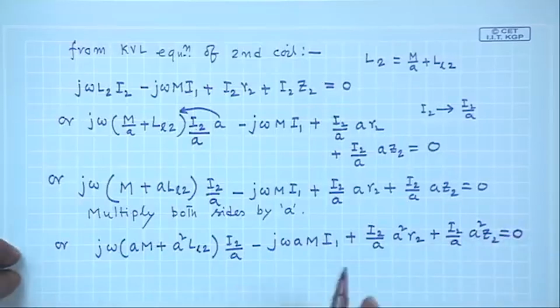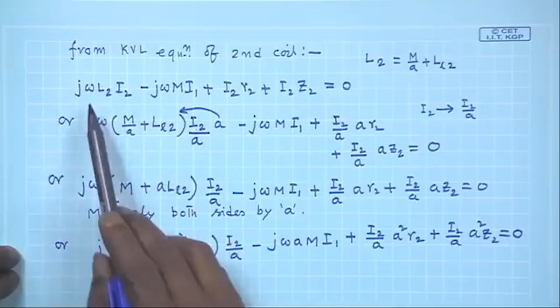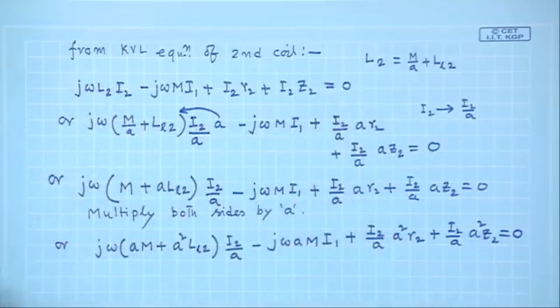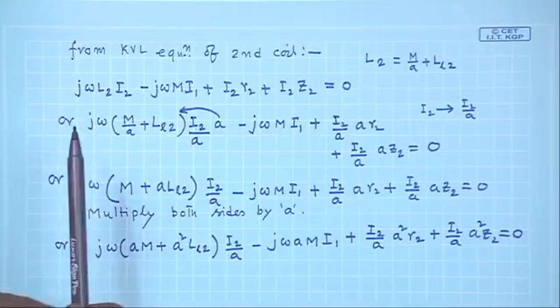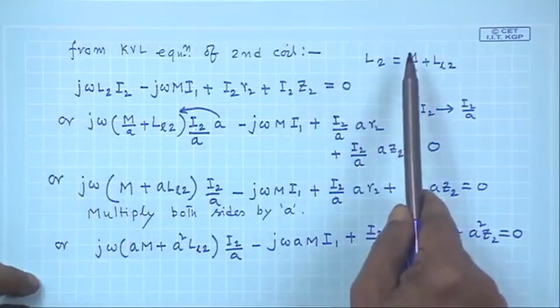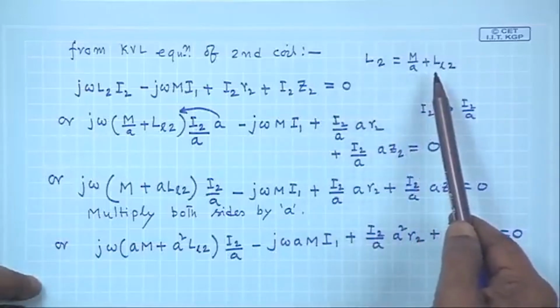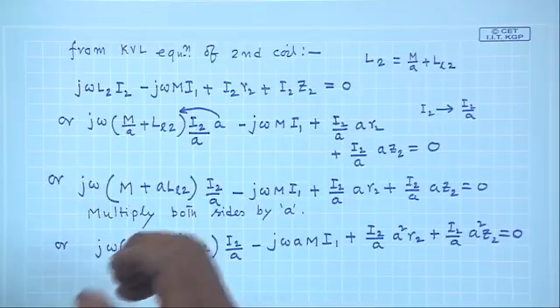So, what are the things I have done? I have written the secondary coil KVL equation, and then I have substituted for L2, expressing it in terms of mutual inductance and leakage inductance. What is the reason for that?